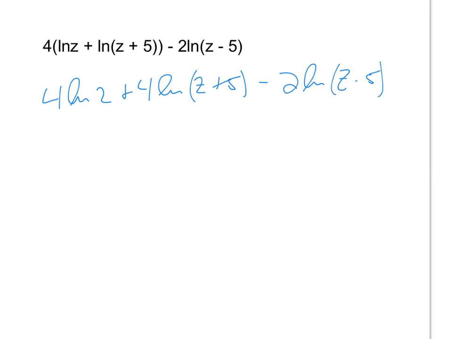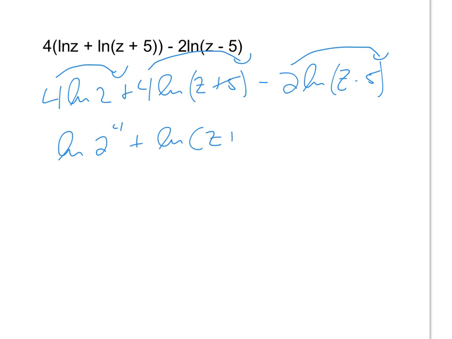Okay, now I'm going to use my exponent rule and bring the exponents up. So bring the 4's up and the 2's up. Okay, so I have ln z to the 4th plus ln of z plus 5 to the 4th minus ln of z minus 5 to the 2nd.